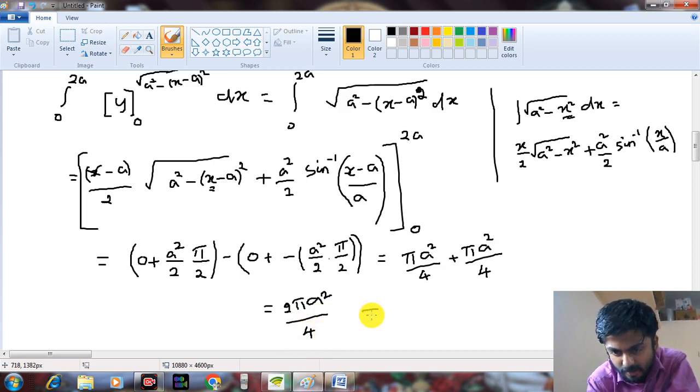The final result is pi a square divided by 2.